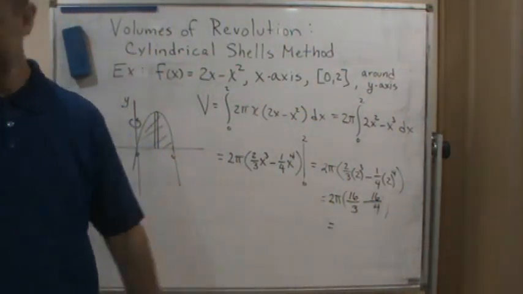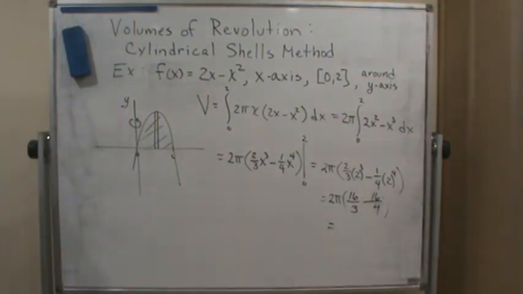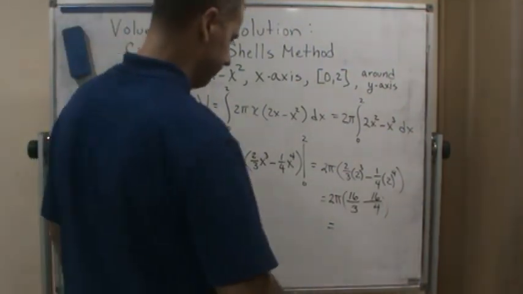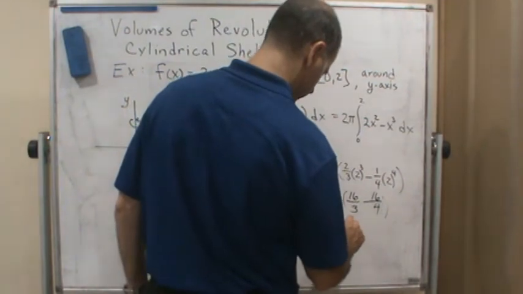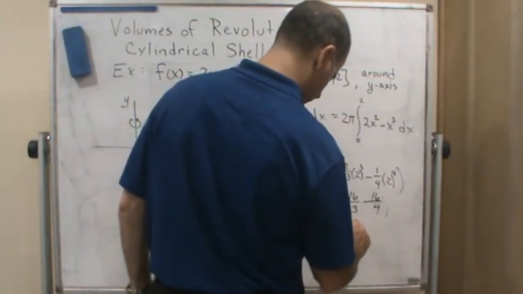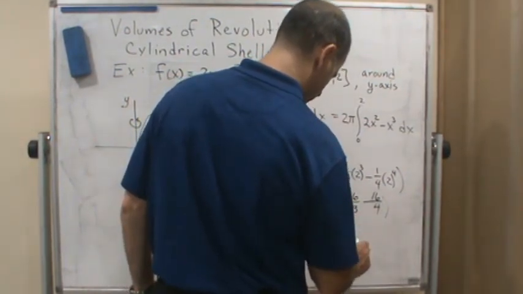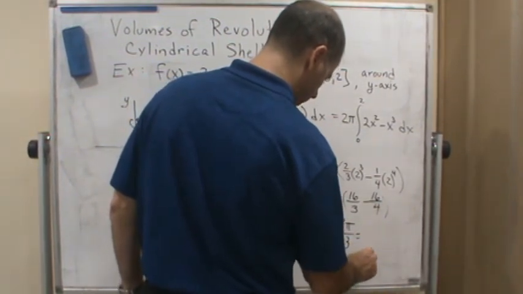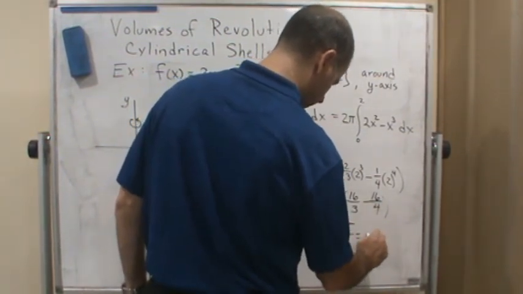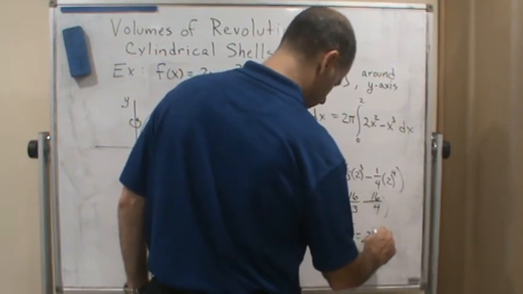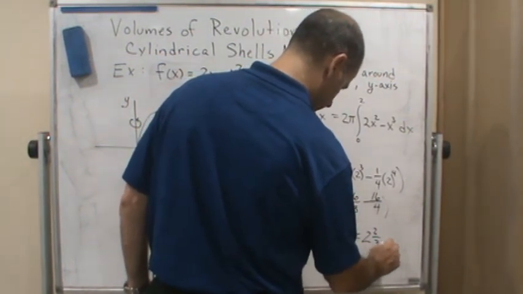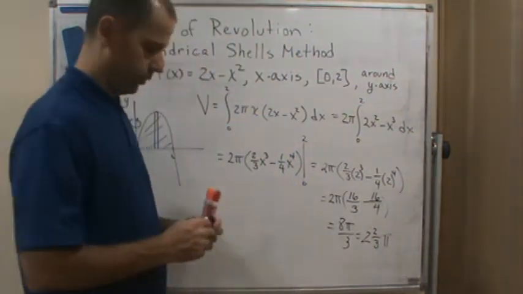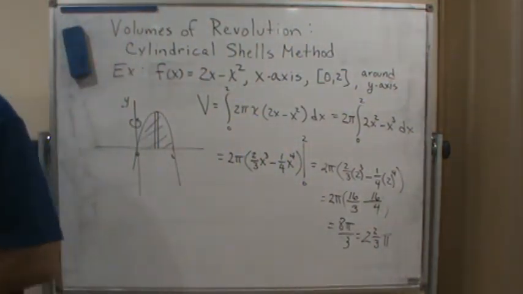And so if we simplify that, we get 8 pi over 3. Oops, almost did it again. Or 2 2/3 pi. Either way, I'm fine with.